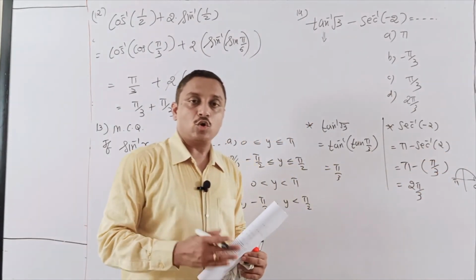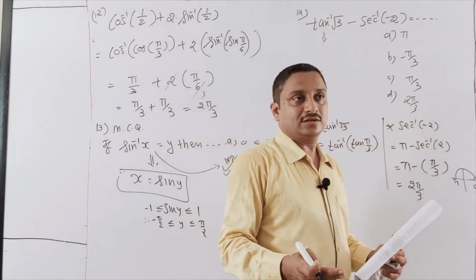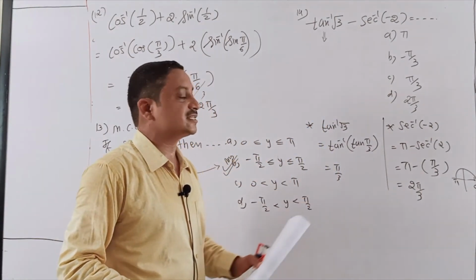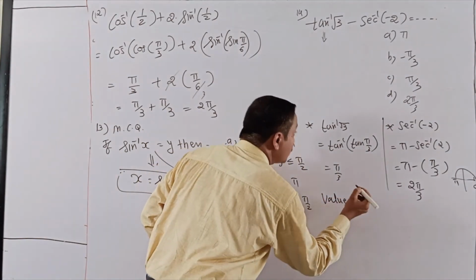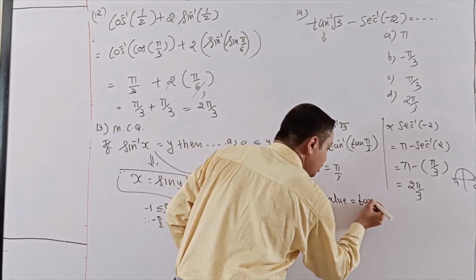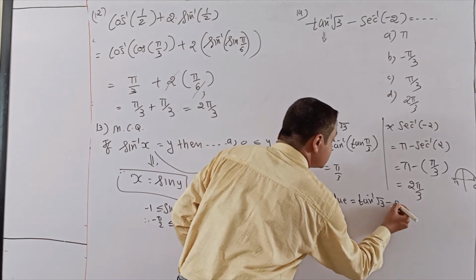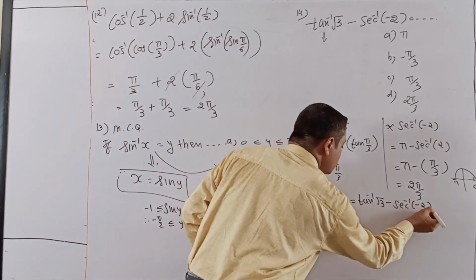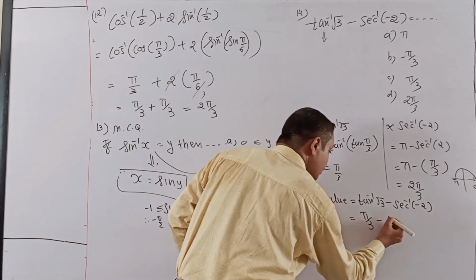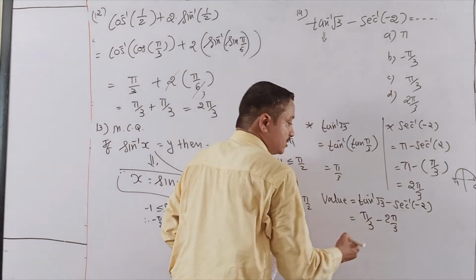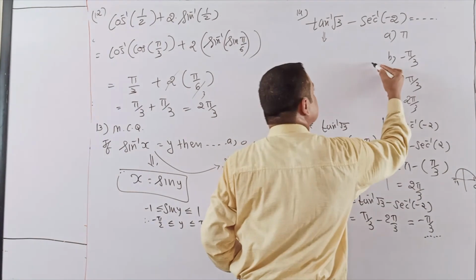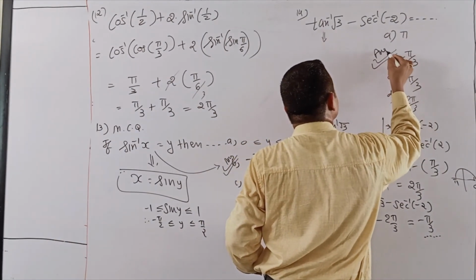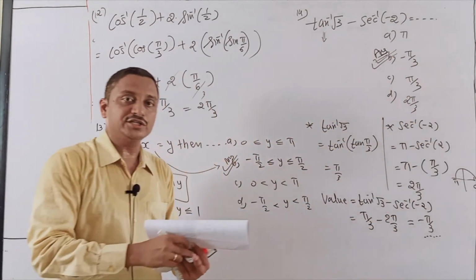Sec 2, cos 60 is a half, so sec 60 is a 2. Now the final value, your target is tan inverse root 3 minus sec inverse minus 2. My answer is pi by 3 minus 2 pi by 3. So final answer is minus pi by 3 and your option is B, students. This option B is your final pick.